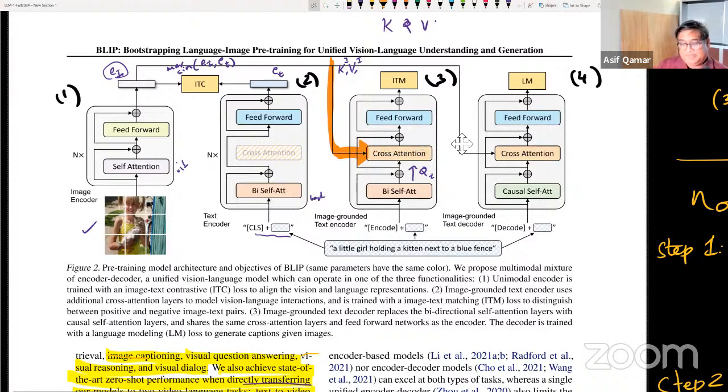So now what will happen? See, notice the same text went into two directions, here and here, except that here you have prefixed the word encode. Just the mechanics of it. And now the main thing is not that you have put encode instead of CLS. The main thing is that you have done cross attention here, whereas on the second pillar, it was just a standard word.